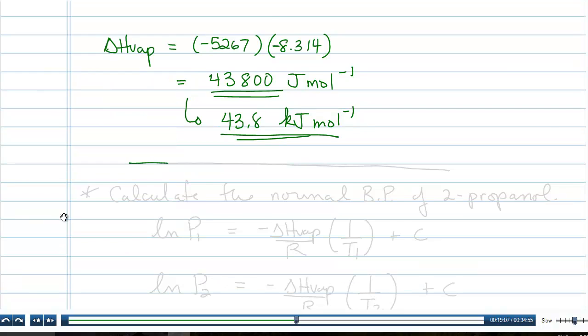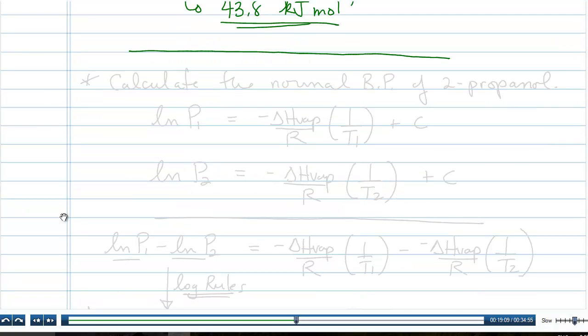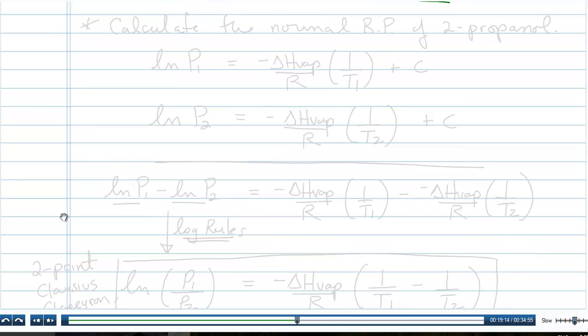So that's one way to use the Clausius Clapeyron equation. And it's used for graphing when you have lots of data like that. And then the slope of the graph ends up giving you your delta H vap. There's another way to use the Clausius Clapeyron equation, though, and that's when you don't have a whole set of data, but when you have 2 points. So 2 sets of data, 2 values, a pressure at one temperature and a pressure at another temperature.